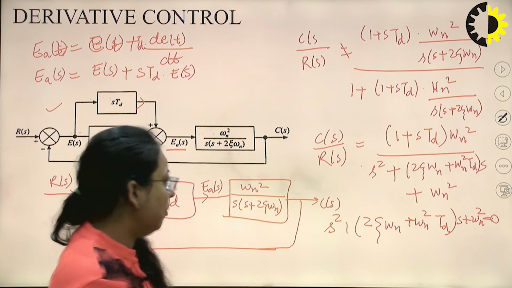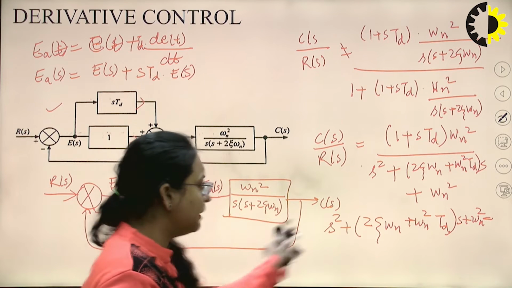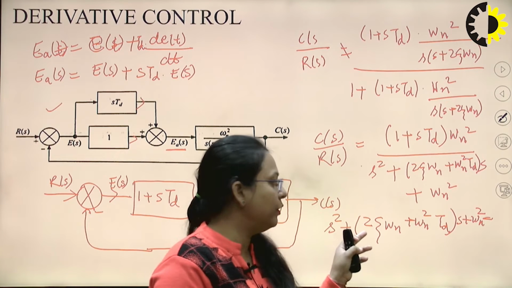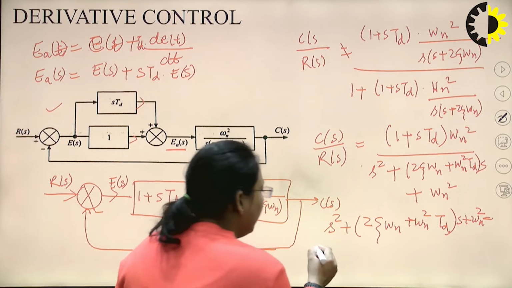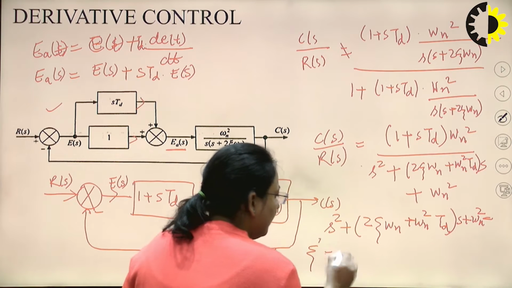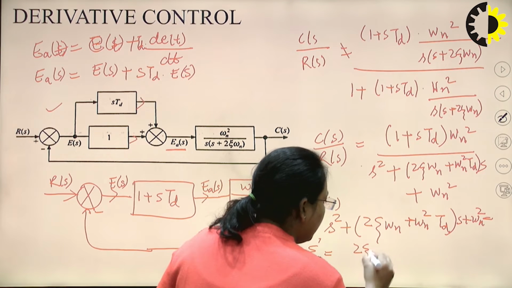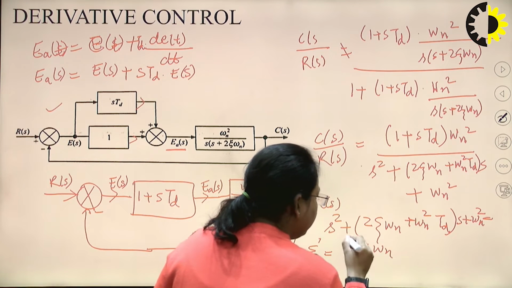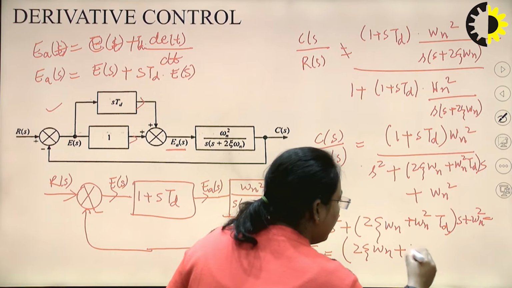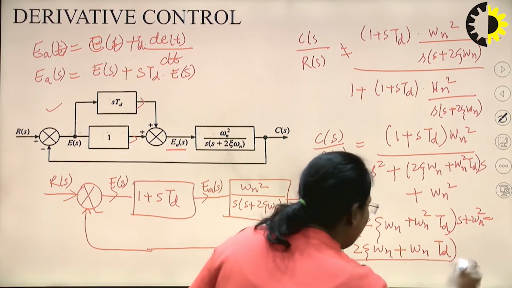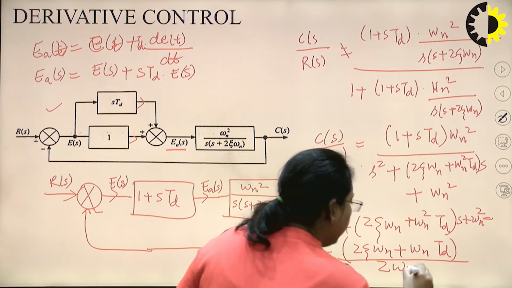Right. So if we compare this characteristic equation with the standard characteristic equation of a second order system, we will get a new damping factor, zeta dash, equal to (2 zeta omega n plus omega n square T_d) upon 2 omega n.